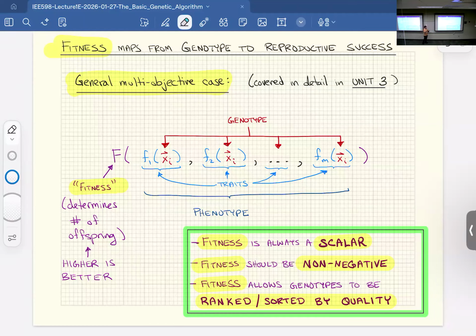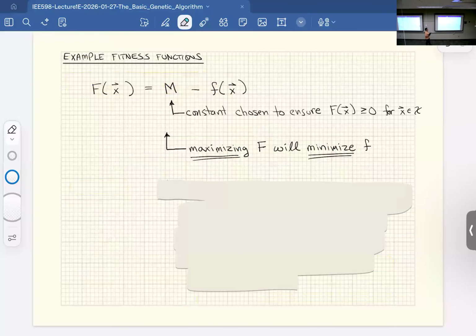So the first example that I'm going to show you is, what if I want to minimize a single character? The character is the cost of a product, or whatever I choose to minimize here. It could be a maximization problem, in which case the F would be negative, and this would become M plus. But there's this capital M that I've put up here.